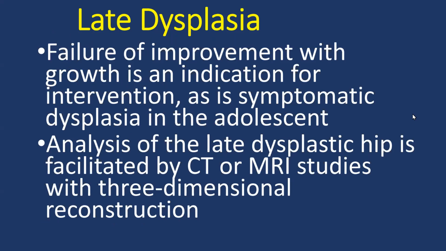Failure of improvement with growth is an indication for intervention, as is symptomatic dysplasia in adolescents. Analysis of the late dysplastic hip is facilitated by CT or MRI studies with three-dimensional reconstruction.